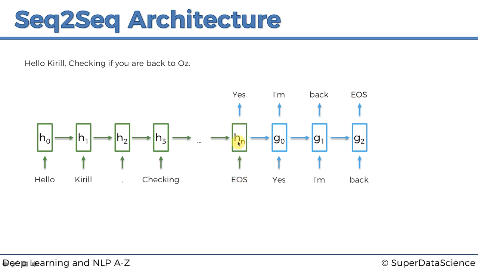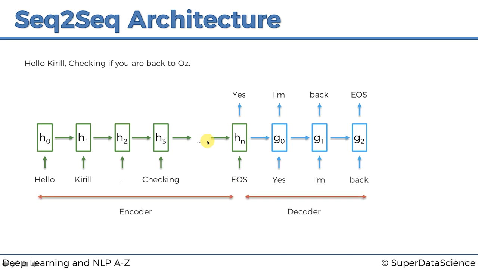From here we start to extract the answer, and that's why these parts have their names. The encoder takes all of the information we have at the start and encodes it into this one cell, and then we decode it, or provide a response, through this part. So this is the encoder, this is the decoder. That's the overall overview of the architecture of a sequence-to-sequence model.